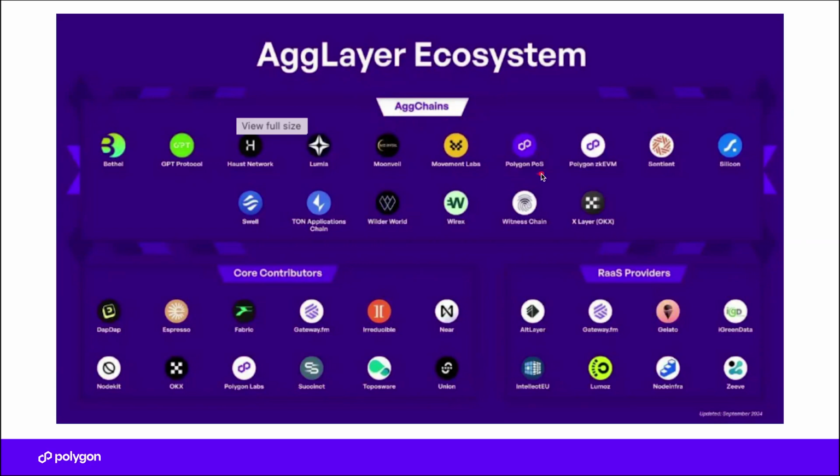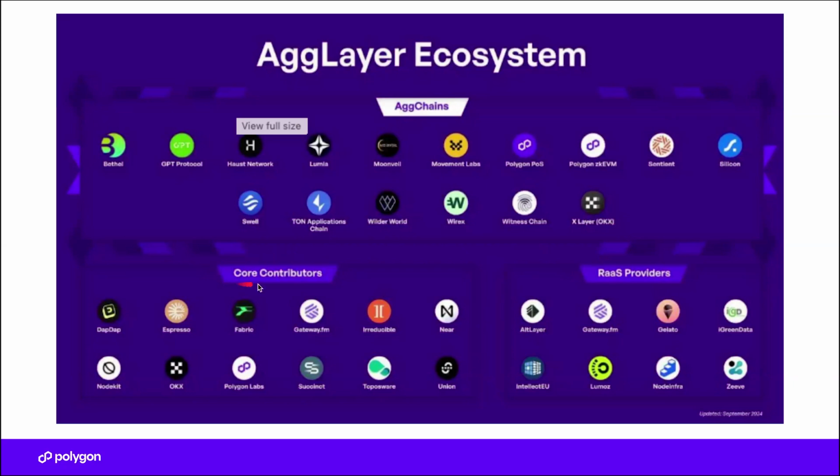So you see here Polygon PoS, Polygon zkEVM, but there is also Swell, which is an ETH restaking platform, TON Network, Wirex, which is an on-chain payments company, X Layer from OKX. So there are big names also connecting to the Agg layer.